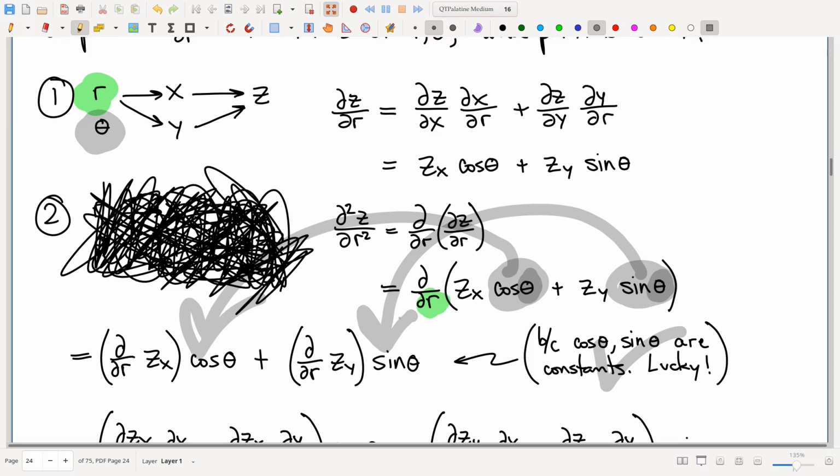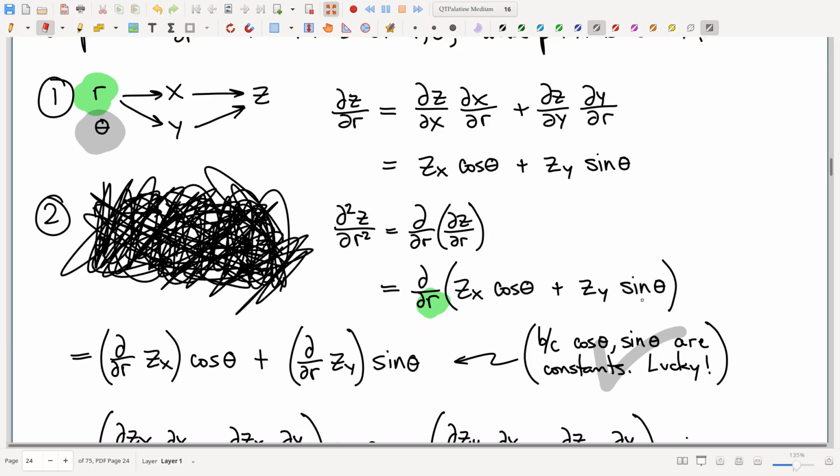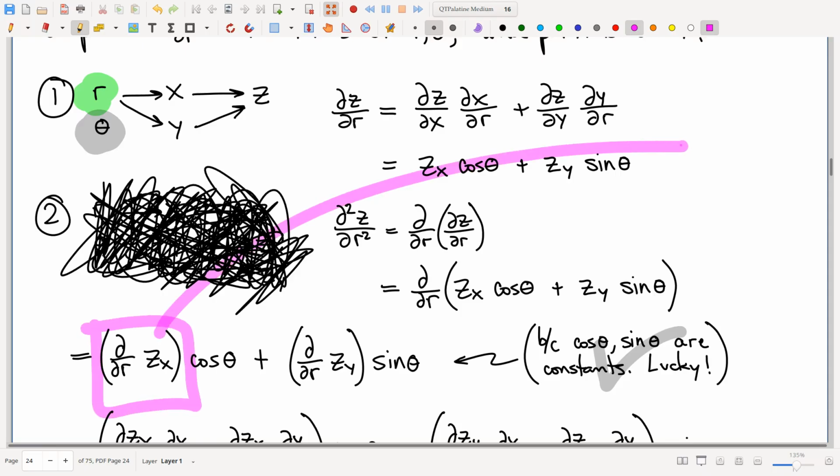Okay, now we're ready to address the problem. And that is, what does this mean? If I want to make sense out of the partial of z_x with respect to r, how am I going to view that? Where is z_x? Some people like to think of z_x, and this is a reasonable take, at least initially, as kind of represented by this arrow.